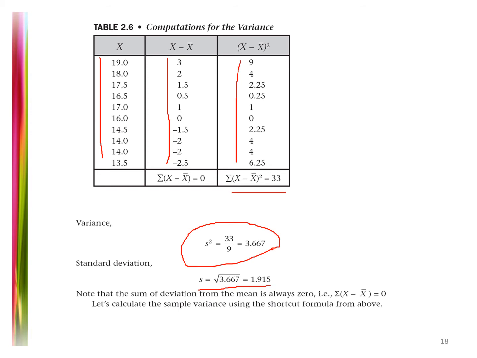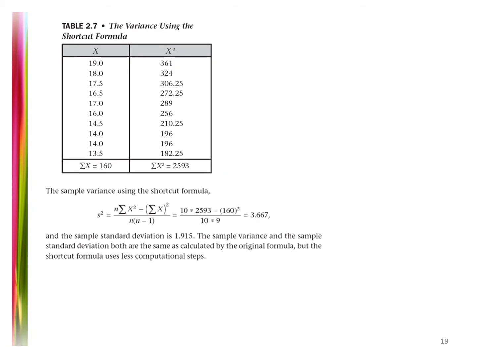Okay, next we are going to apply the shortcut formula. You know the shortcut formula: s squared is equal to n times the summation of x squared minus the summation of x, all this squared, divided by n times n minus 1.